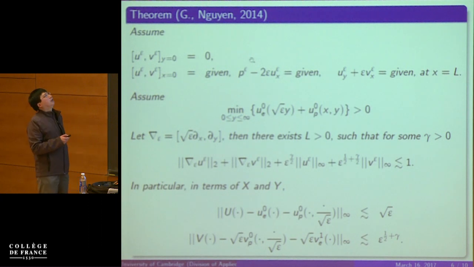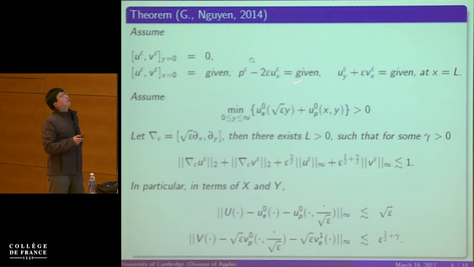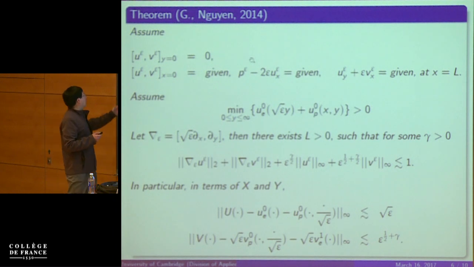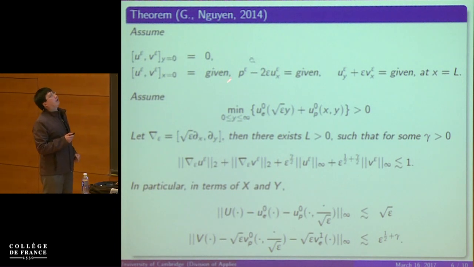And then, what are the boundary conditions on the side? We're going to assume that the boundary condition on the left-hand side is some bounded function, given.